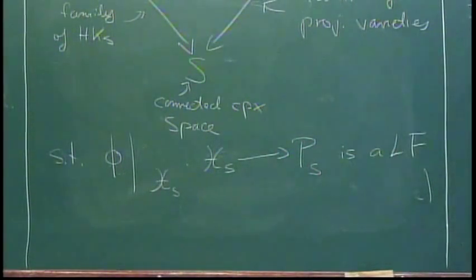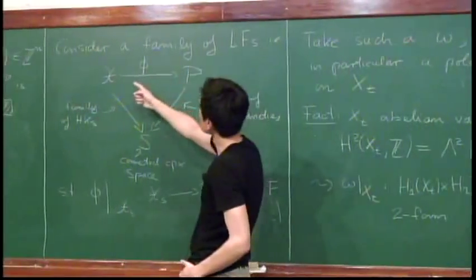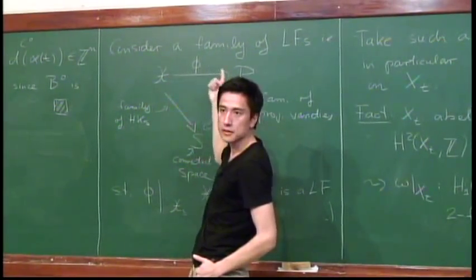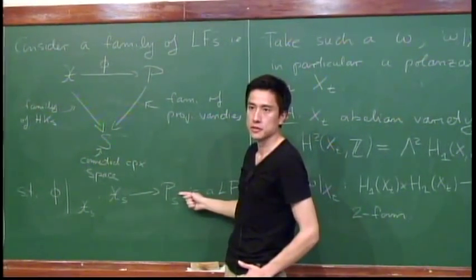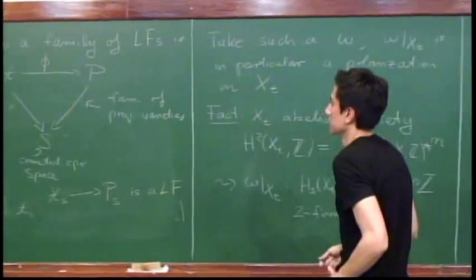Or not in general. If you consider here a family of K3^[n]-type manifolds, then the P_S are always P^n, of course, by Matsushita. But in general, we don't know this.